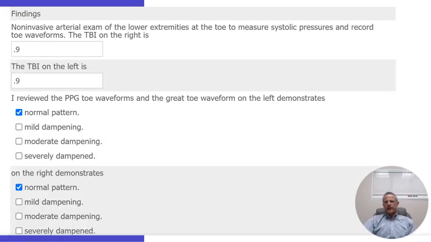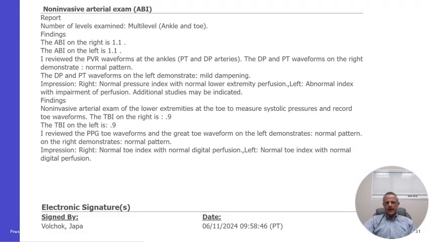Also enter the TBI numbers, your determination of the waveform pattern, as well as your findings. This will then generate a study reading, which has your report, your findings, and your impression. It is important to have all of these elements to bill for a formal ABI study. Otherwise, the ABI values and information simply become part of your evaluation and not a separately coded or billed service.